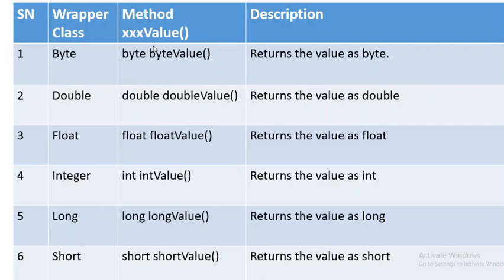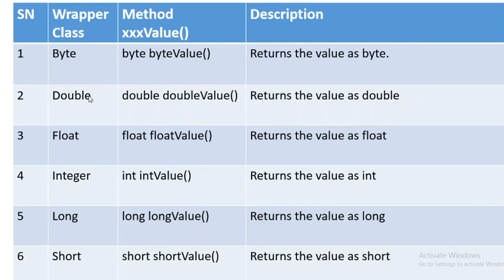So this byte value, and this xxx value, you can say this method, first thing, this is an instance method. To use this method, you require an object of the related wrapper class. So whatever object you are using, whatever value is present in it, that value will be returned in the form of byte. So it returns the value as byte.